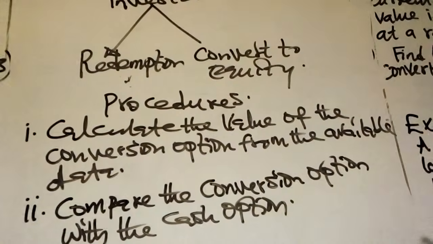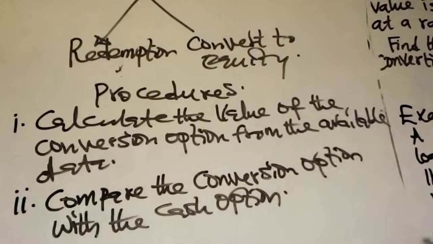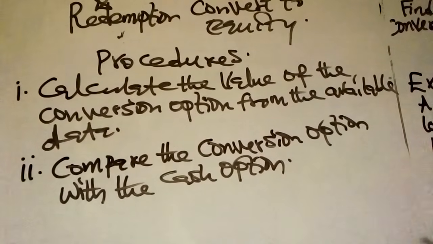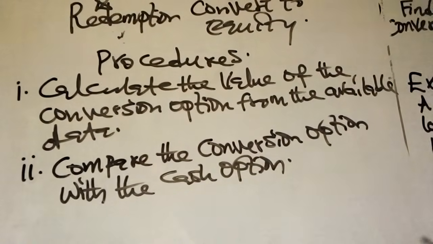So you want to compare this with this. You compare the conversion option with the cash option. Assume all investors will choose the option with the higher value. The higher of these two will be chosen by the investor.